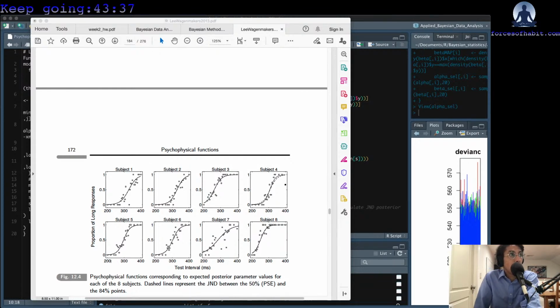Oh, well, another way to estimate uncertainty, we could use posterior predictive checks, right? Where we use the functions that we estimated and then just plot the points for estimates using the intercept and slope terms that we got for each subject.